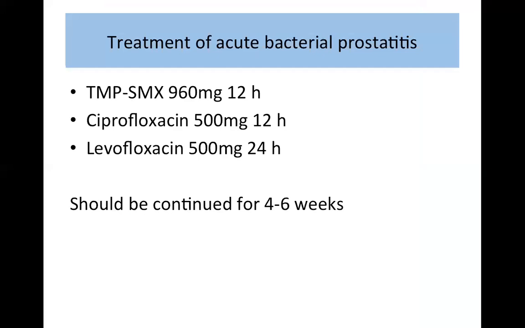Treatment, as I discussed in the case, has to be with a drug which penetrates into the prostatic tissue, and it is either cotrimoxazole or a fluoroquinolone, and it should be continued for 4 to 6 weeks.